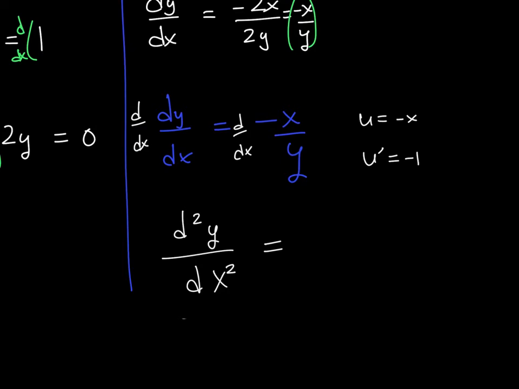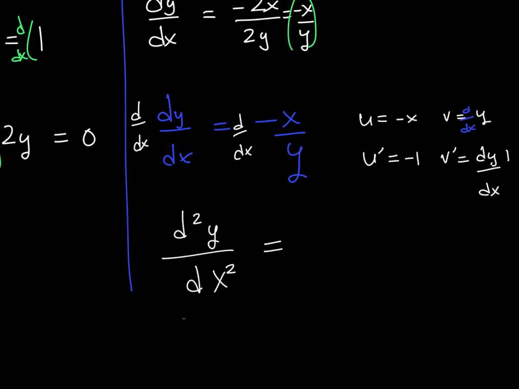Now, where this gets a little tricky is the fact that the denominator v is equal to y. So when I find dx of y, I still need to use implicit differentiation. So v prime is going to give me dy over dx times 1.